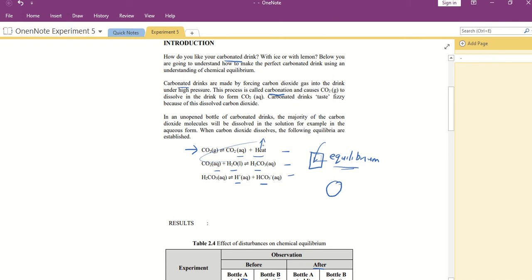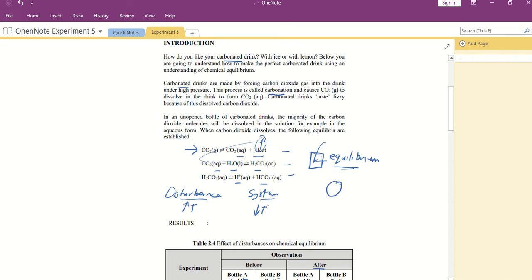The system, the carbonated drink, is in equilibrium, so when I make a change, the system will resist the change. The disturbance that I introduce is increasing temperature, and the system wants to decrease the temperature.